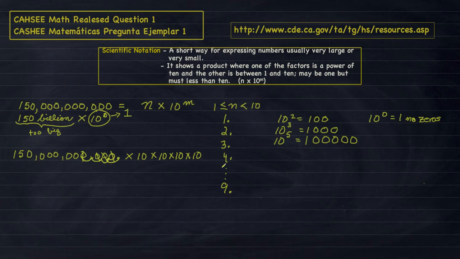So that's what I would like to have. If I were to move the point all the way to the left before I get to the 1 and park my point in between the 1 and the 5, then I will have reached my goal. And that's how far I want to go. Okay, so now let me explain this in Spanish.